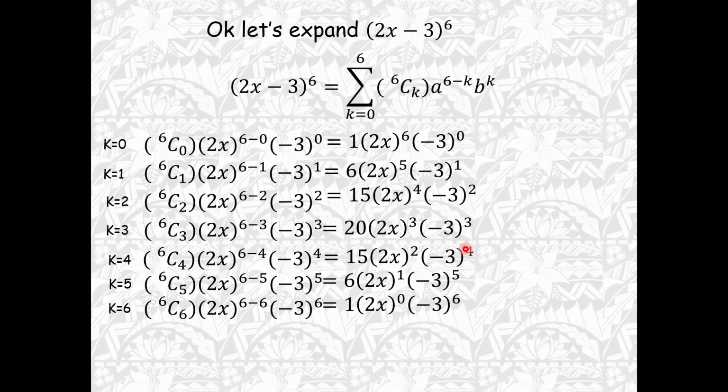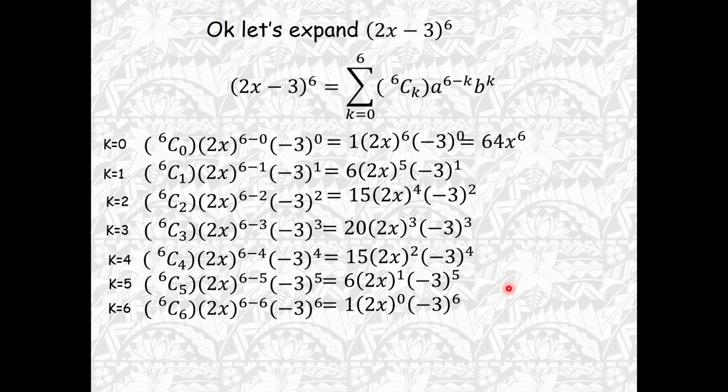Have you seen the pattern here? So we kind of get the pattern from the formula. The power of the first term starts at 6, which is n, and then decreases all the way down to 0. And the power of the second term, which is negative 3, starts from 0 and then increases all the way up to 6, which is the power.